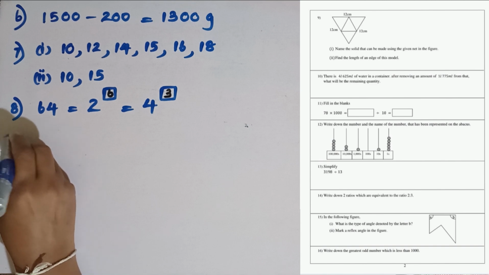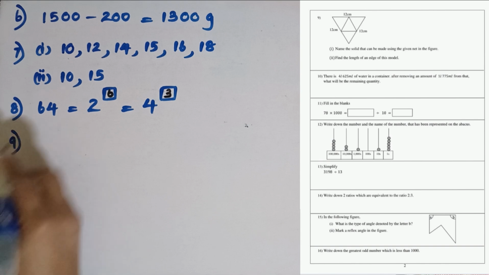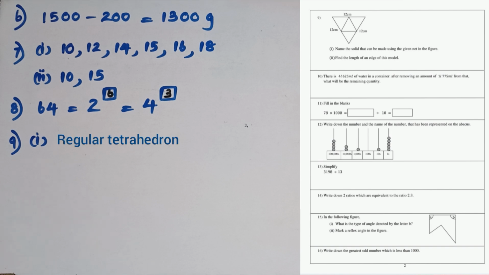Then question number 9. We are given this diagram. First one, name the solid that can be made using the given net in the figure. With 4 equal size triangles, we can make the solid regular tetrahedron.